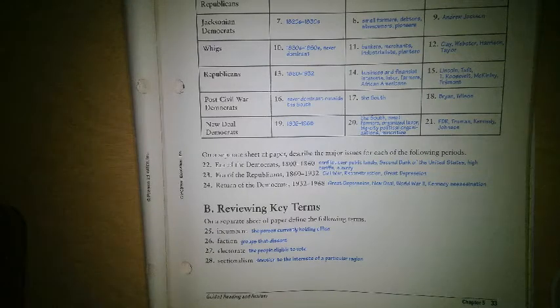The Republicans benefited from years of economic prosperity. So you've got people of all walks of life supporting this one type of political party, and they're doing very well economically. Everybody's making money. Y'all guys understand that? And then 1929 happens, and nobody's making money anymore. We have an economic downfall, right?